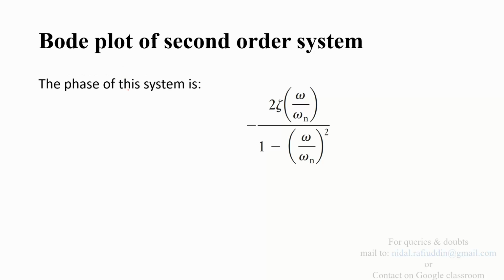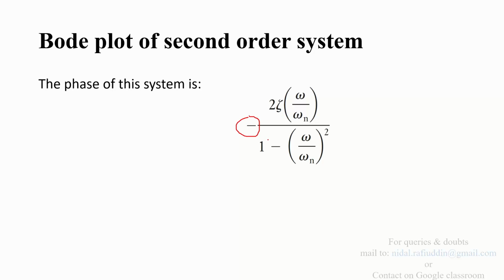So if we talk about the phase of the system, which is tan phi equal to minus b upon a, using the same expression we can obtain this. Since we have the expression in the denominator, that is why we have a negative sign.